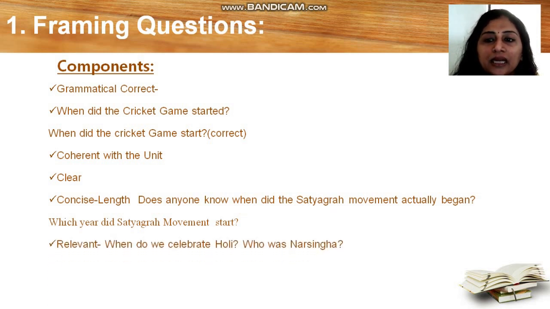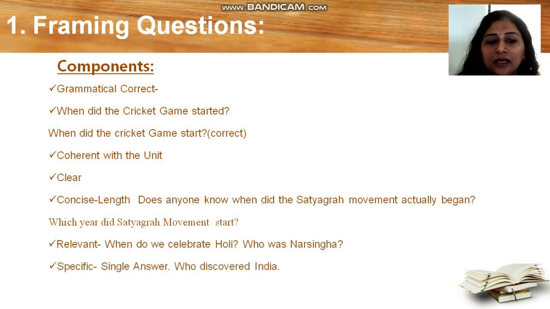Another component is relevance. Now if I am teaching Holi, I can ask questions related to Holi, and even from previous learning I can ask questions on the relevance factor, like when do we celebrate Holi. Now if I include who was Narsingha, then that becomes a little irrelevant because I didn't teach that and I'm asking that. Another component is the specific part of the question.